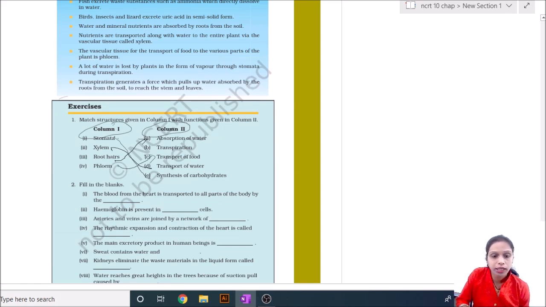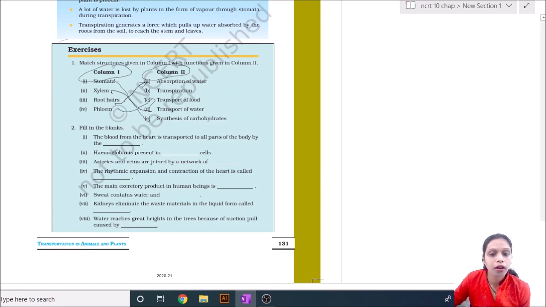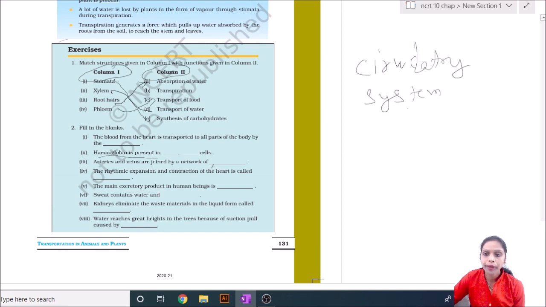Now our next question, fill up the blank: the blood from the heart is transported to all over the body by capillaries. Hemoglobin is present in a red blood cell. Arteries and veins are joined by a network of the circulatory system. The rhythmic expansion and contraction of the heart is called pumping.